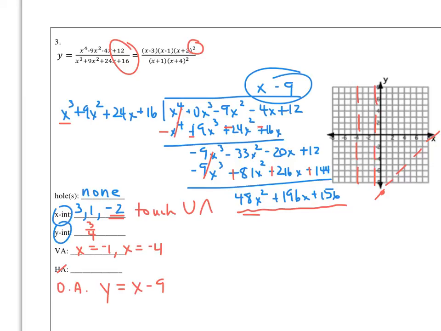There's one that is occurring at 3/4, there's one that is occurring at 1, and there's one that is occurring at 3. So our graph must be coming down, crossing the y-axis, crossing the x-axis, coming back, crossing the x-axis, and then shooting up towards our oblique asymptote.